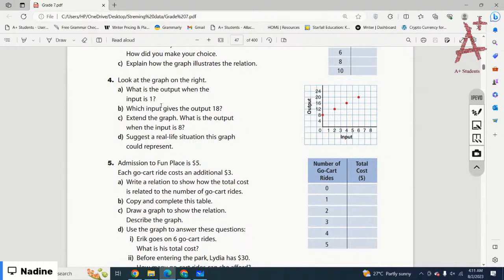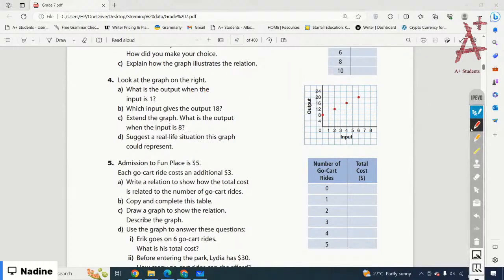Okay, which input gives the output 18? Output 18 is between 16 and 20, in the middle of 16 and 20.